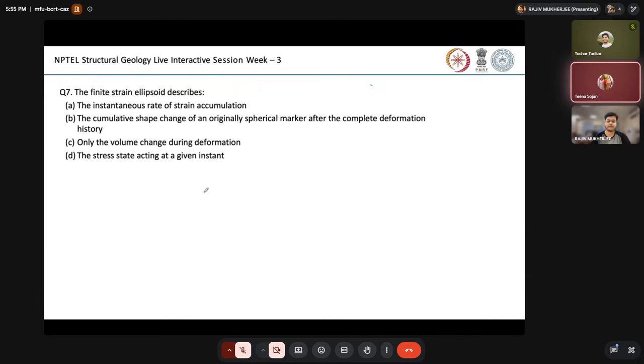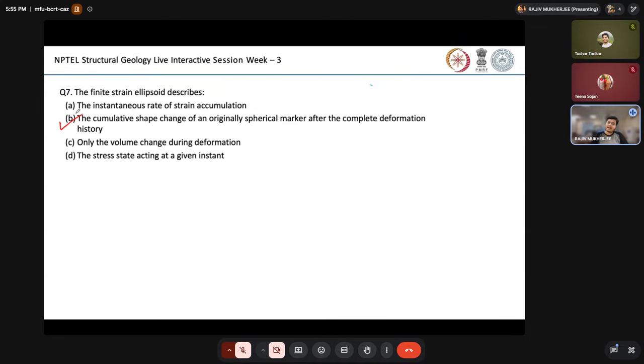Option B. Yes, option B is the correct answer. Absolutely. So finite strain means we are seeing the end product. It is very important to remember that the finite strain ellipsoid is the last or the final snapshot that we're looking into.